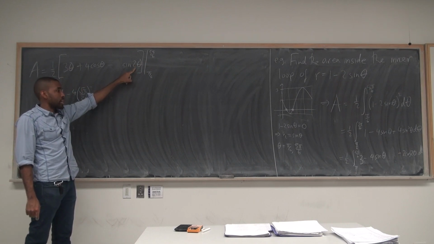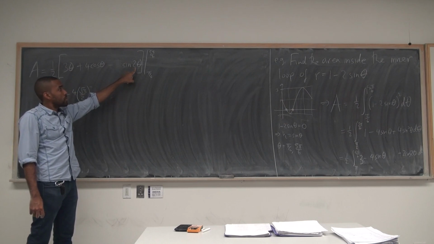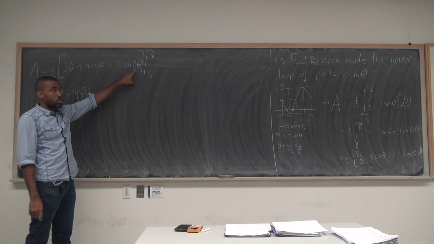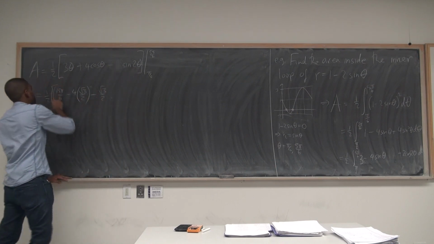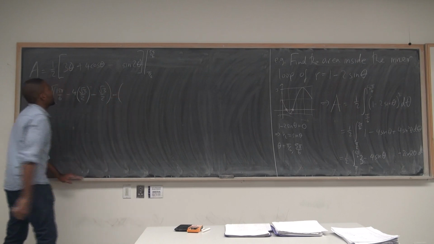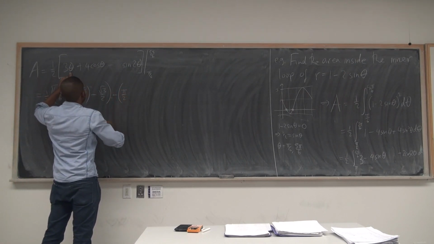5 pi over 3 is in the fourth quadrant, so what's sine of pi over 3? It's again radical 3 over 2. Minus, now I'm going to plug in pi over 6 here, it's going to be pi over 2.